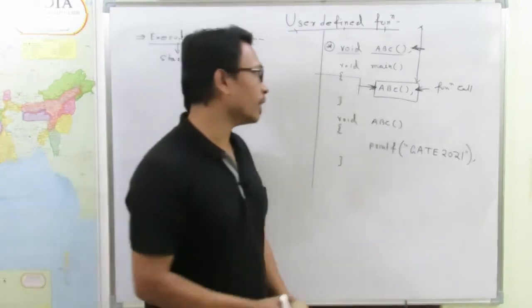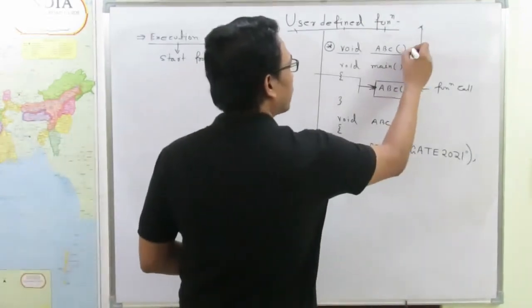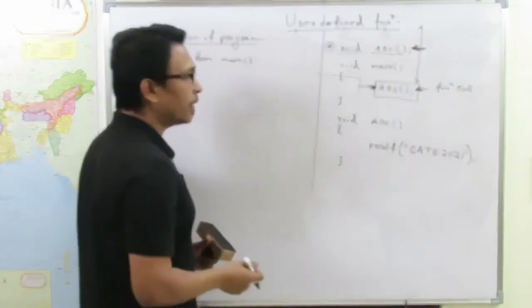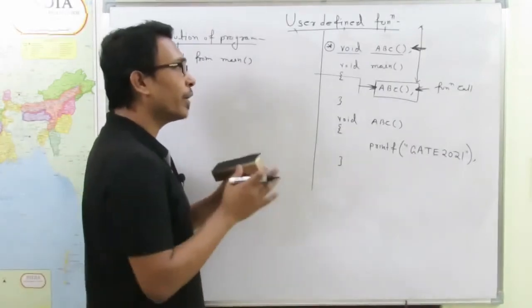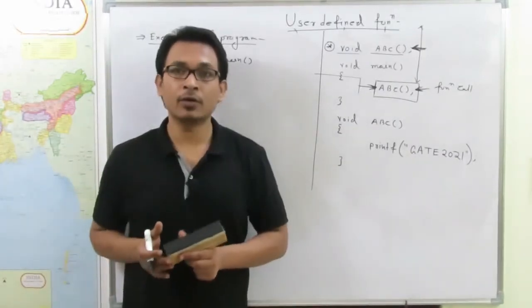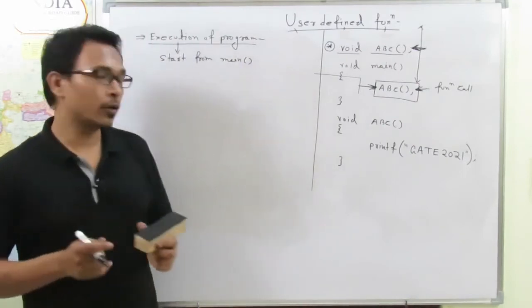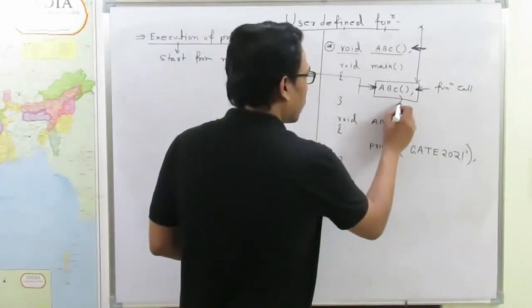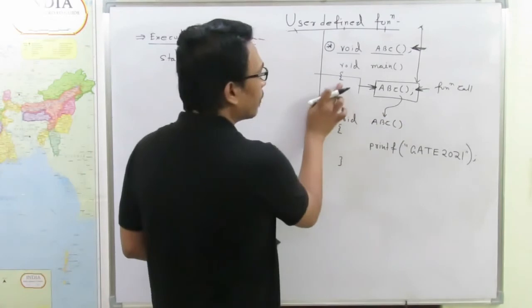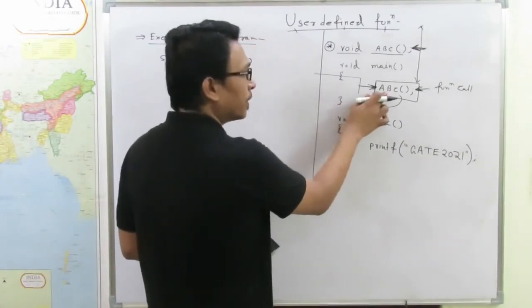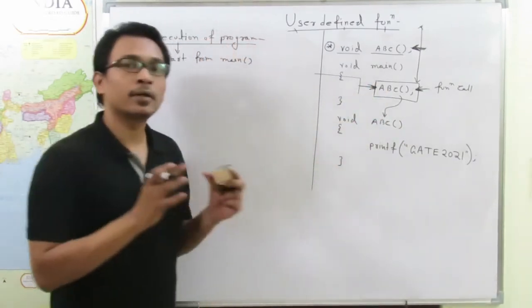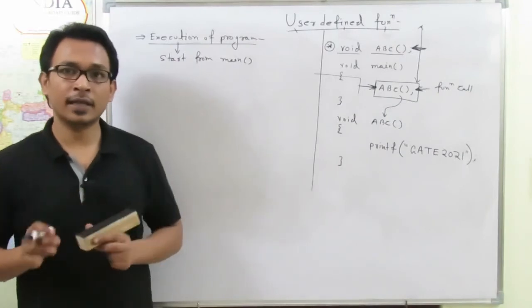Clear? So here system gets information about this function, and then system will search where this function is located. Look here, this function is located here. That means whenever system encounters this function, first it will check what abc is.